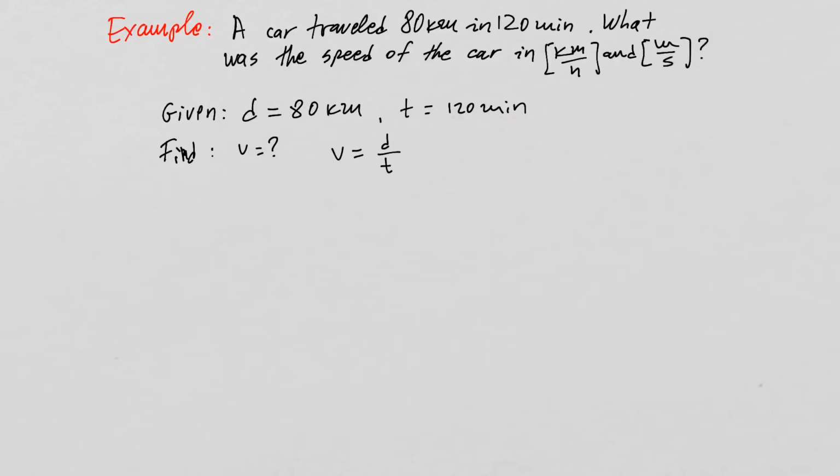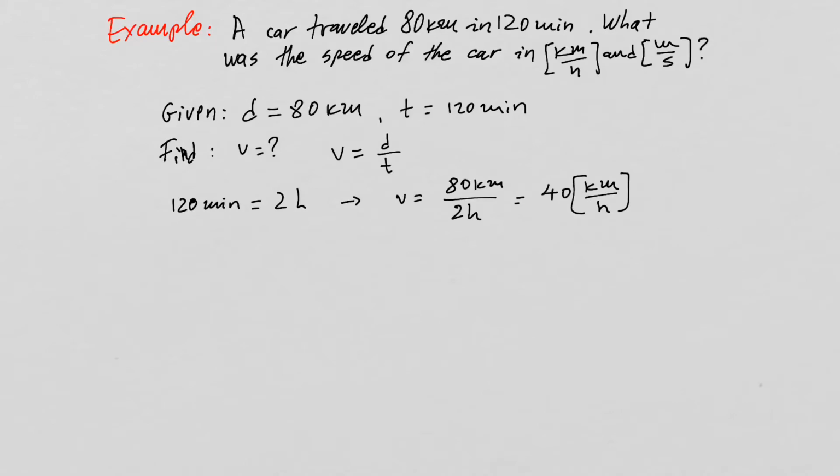I first must convert the time from minutes to hours. This is very straightforward, because 120 minutes is just 2 hours. And so now I can calculate the speed. So the speed will be equal to 80 kilometers divided by 2 hours, or that is 40 kilometers per hour.